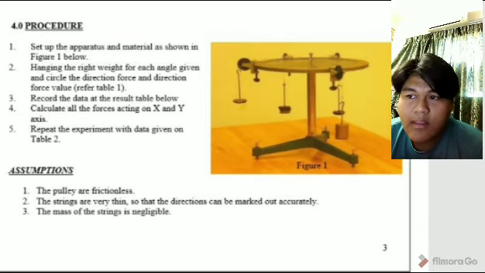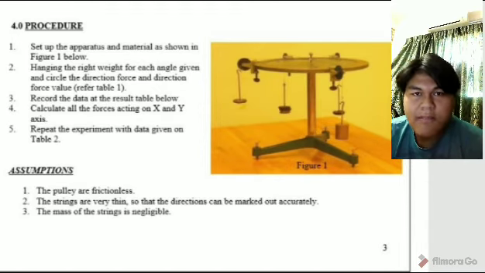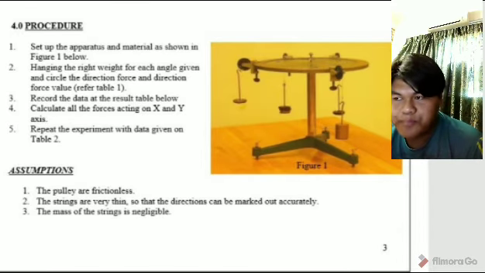Yang ketiga, record the data at the result table below. Okay, so lepas kita dah set up, kita mesti catat data yang ada pada meja tersebut. Yang keempat, calculate all the force acting on X and Y axis.